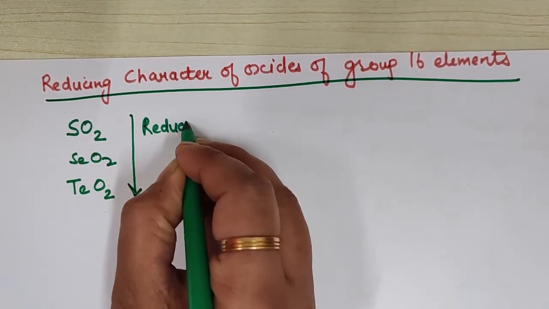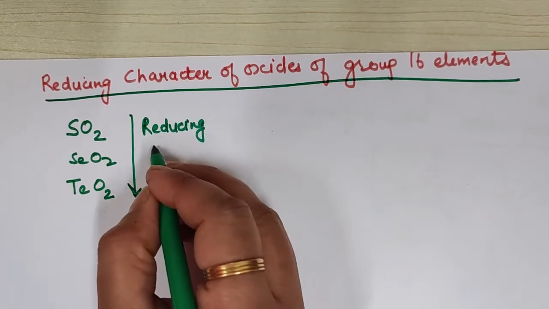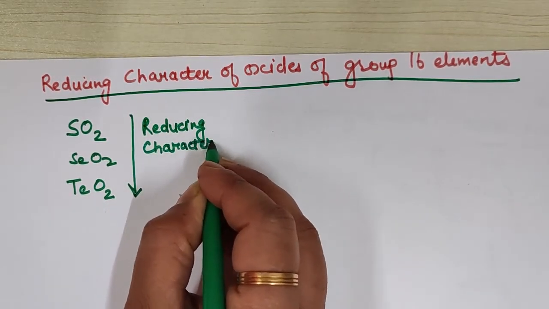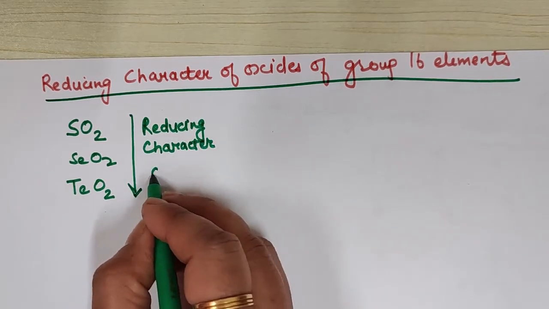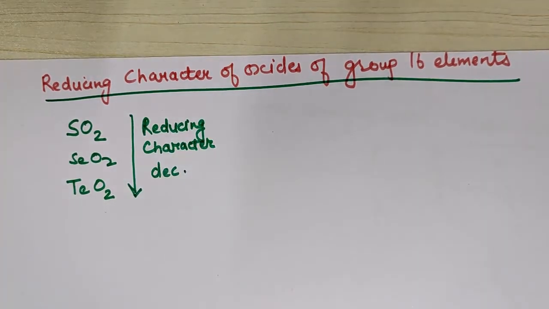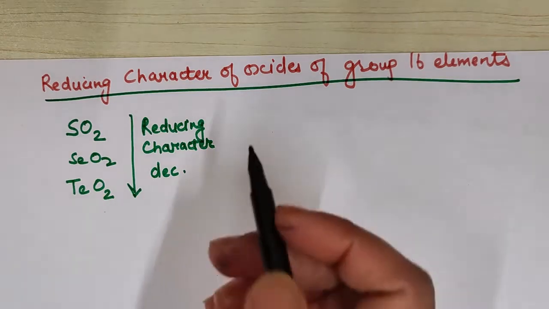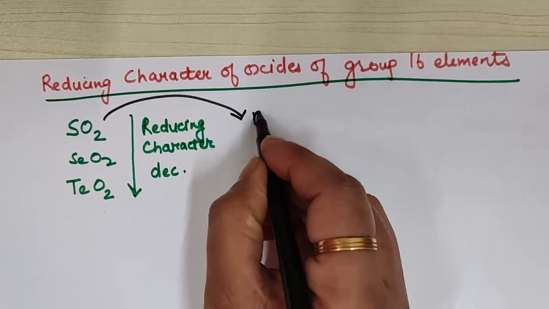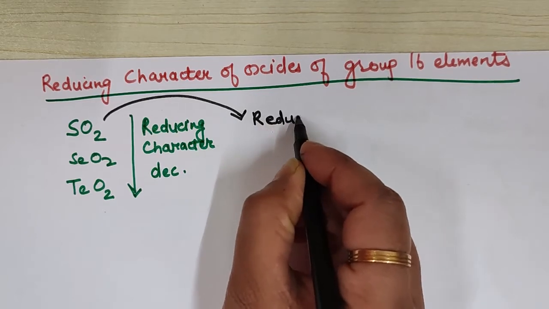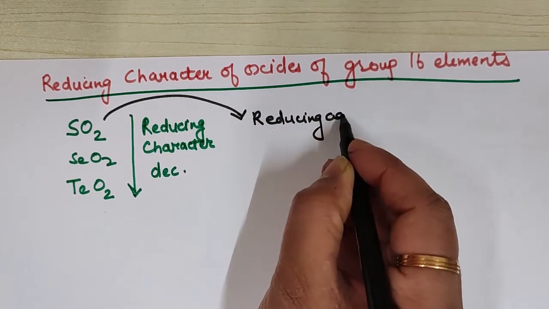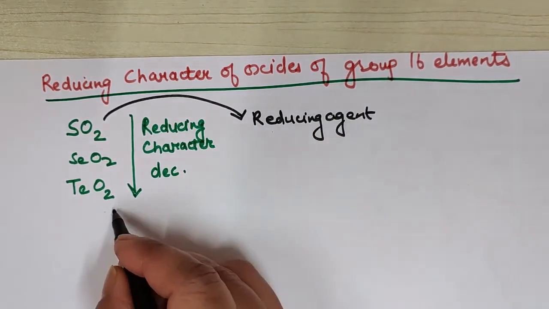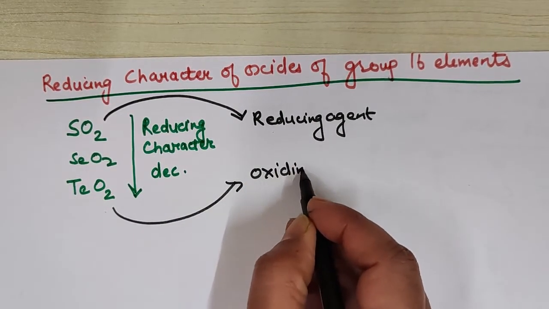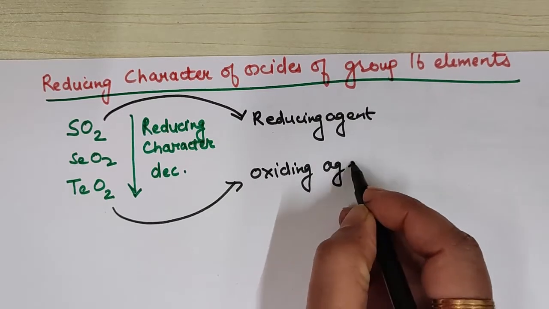So, reducing properties or reducing character decreases down the group. This means that this will be a better reducing agent and this will be a better oxidizing agent.